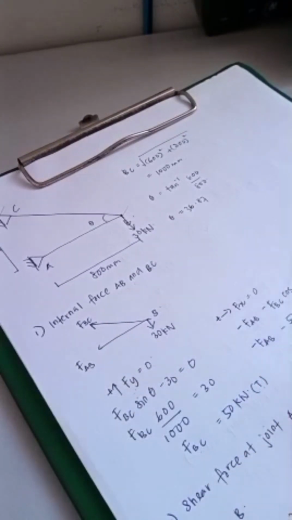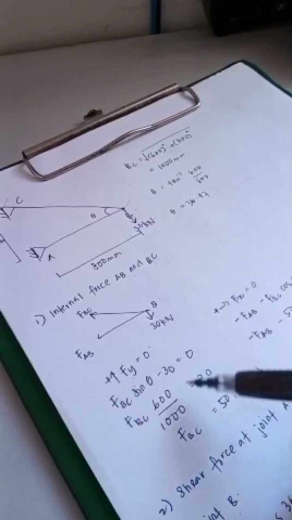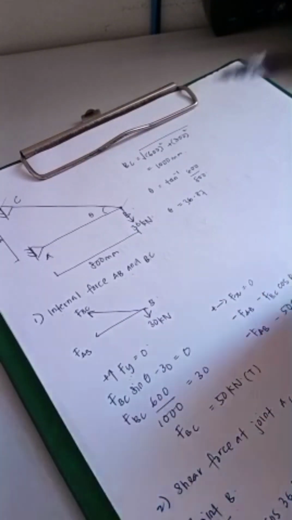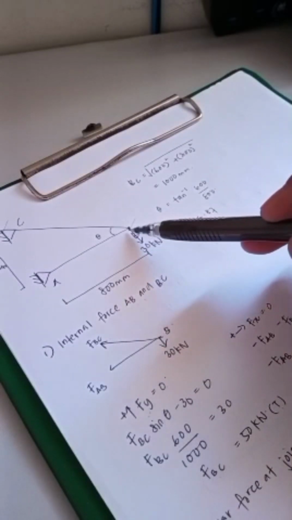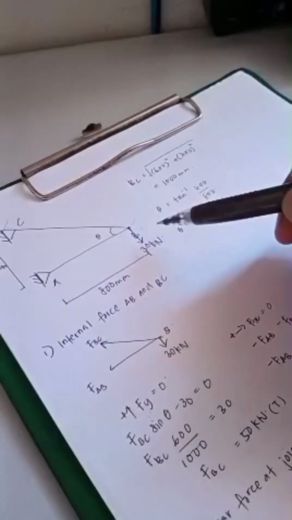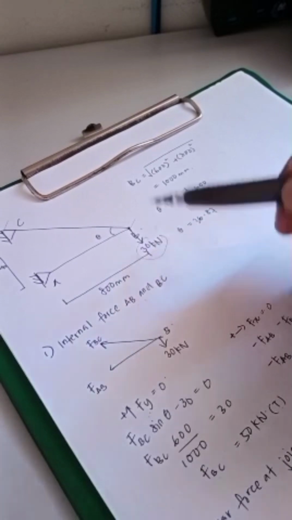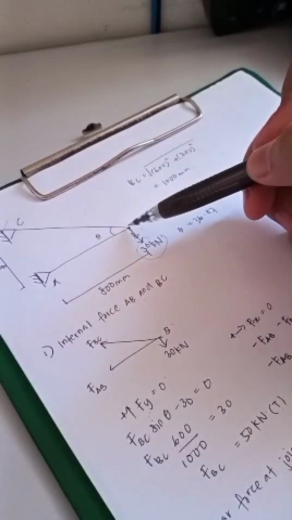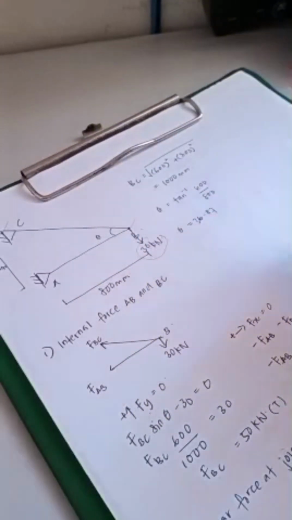And then to determine the internal force of the members AB and BC, I choose joint B first because at joint B we have three forces: the external force, the internal force of AB, and the internal force of BC.